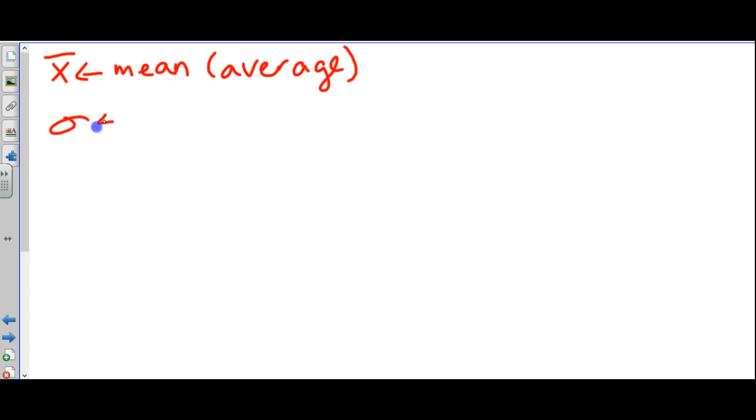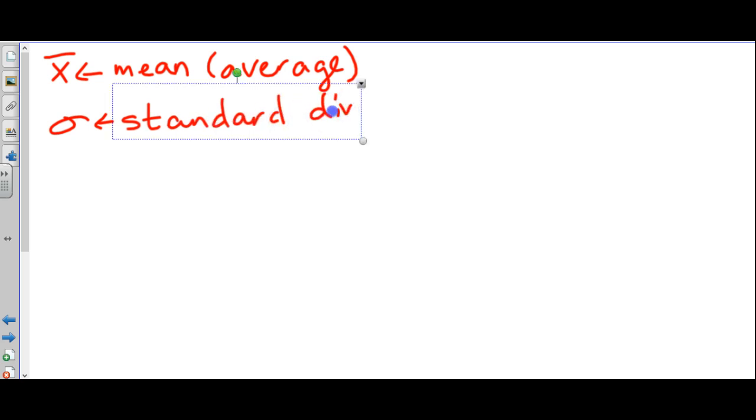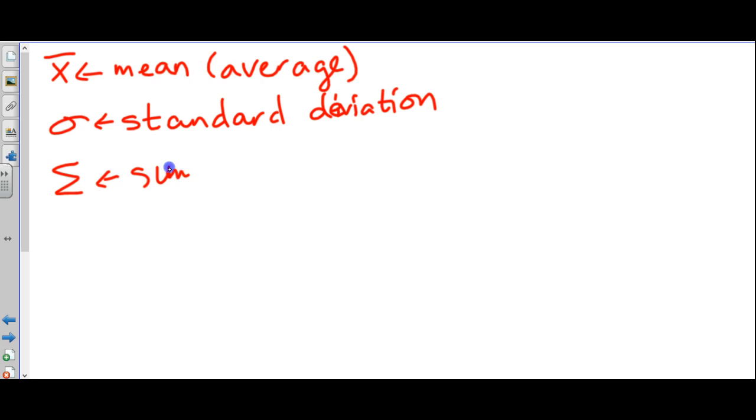It is the lowercase Greek letter sigma, and it stands for standard deviation. Next, there is the capital letter sigma, also Greek, and it stands for summation. It means to add a whole bunch of stuff together.